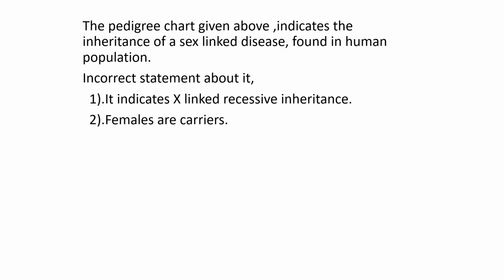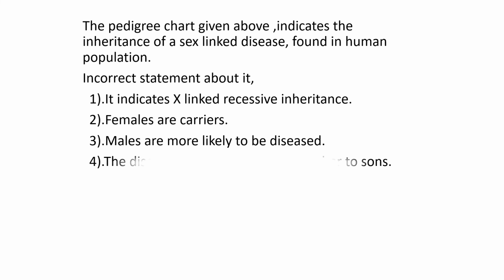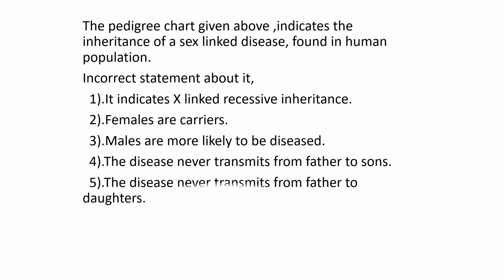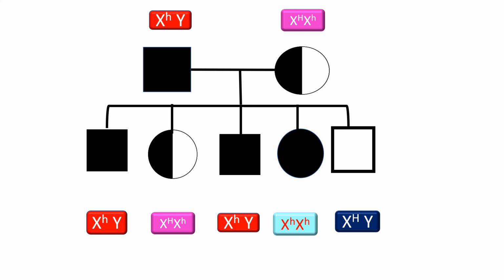Females are carriers. 3. Males are more likely to be diseased. 4. The disease never transmits from father to sons. 5. The disease never transmits from father to daughters. The disease is likely to be hemophilia, one of the X-linked recessive diseases.